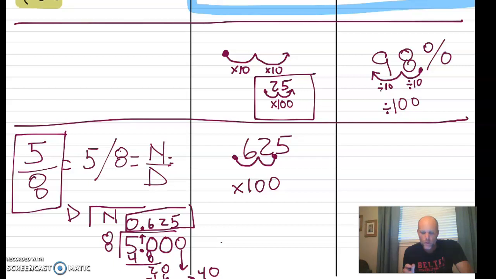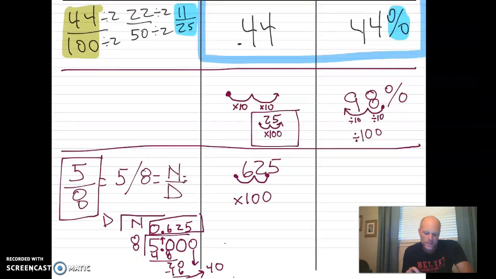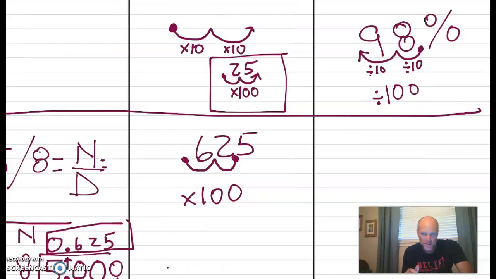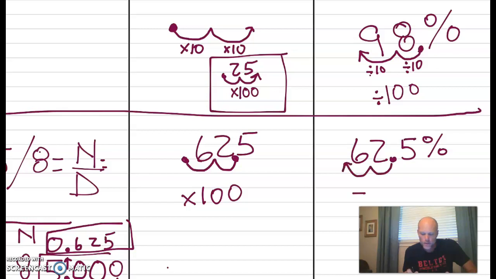Okay, so 625 thousandths as a percent is 62.5%. If you wanted to move it back, you would divide by 100.